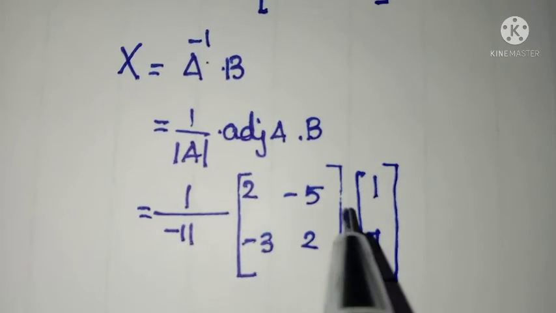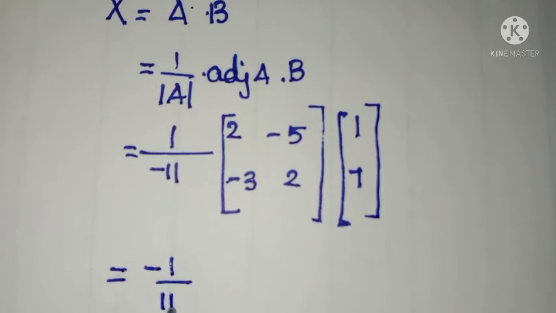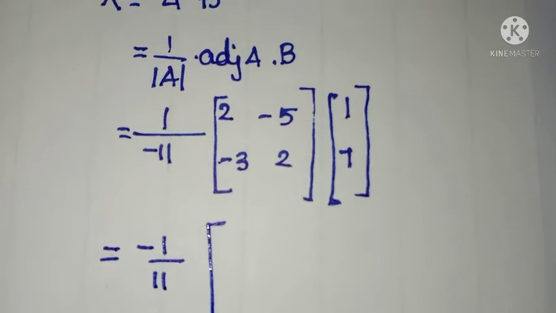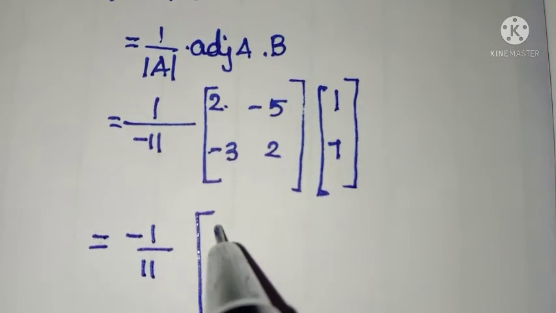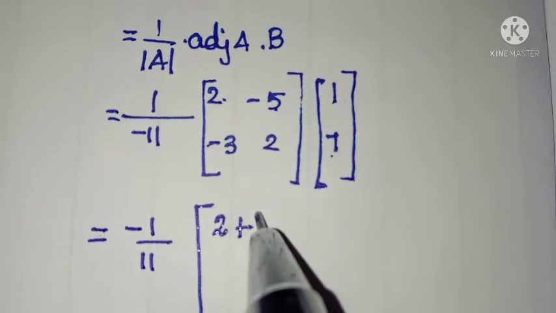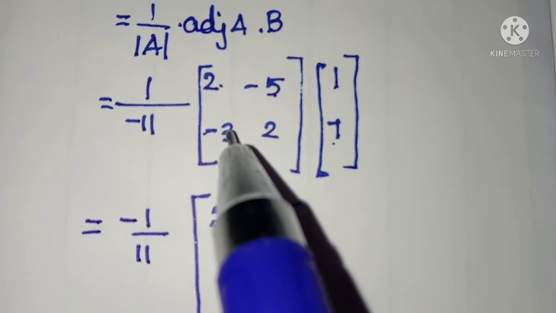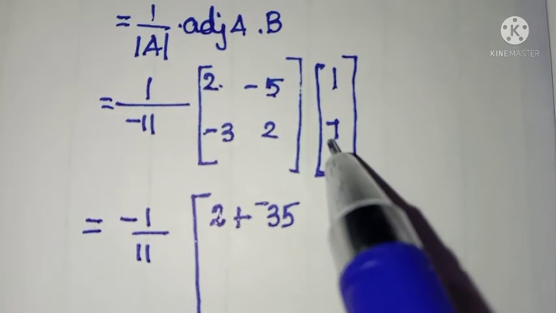Now multiply these two matrices. So this is equal to negative 1 by 11 into the matrix: 2 into 1, 2, plus minus 5 into 7, minus 35. Okay, so first row, first column.